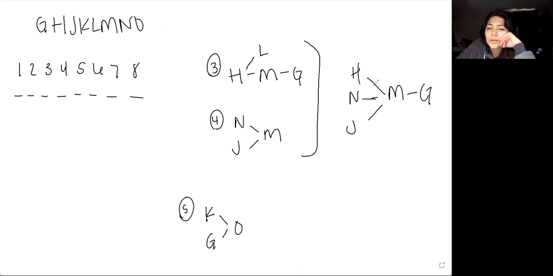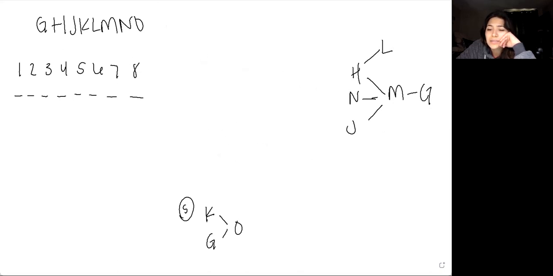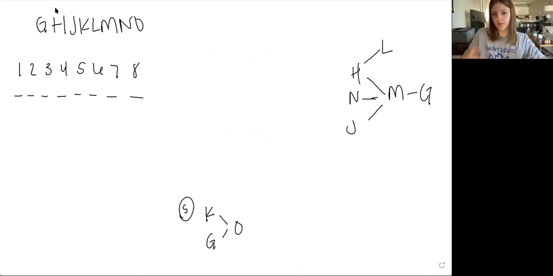So the reason we're combining all of these rules together is to help us visualize. For example, if I'm just looking at this, it's a lot easier to figure out where M is, because how many variables have to go before M at this point?